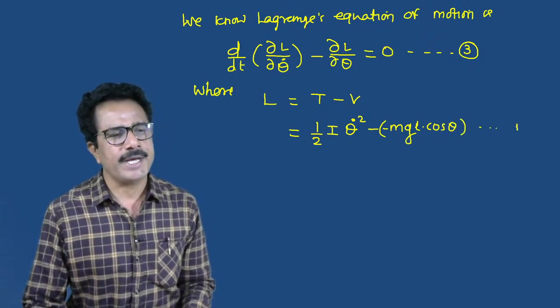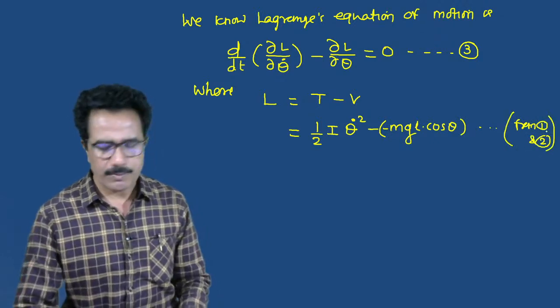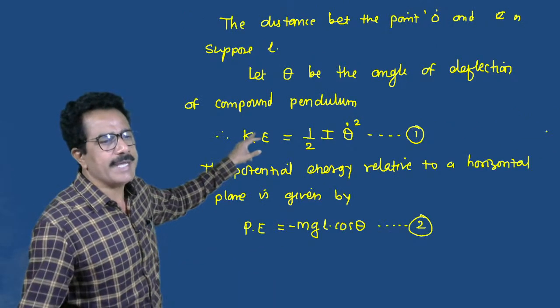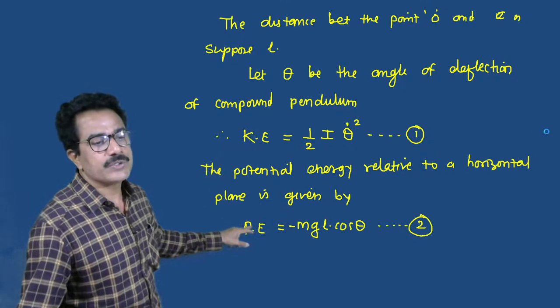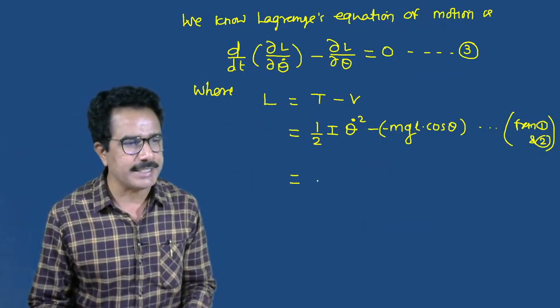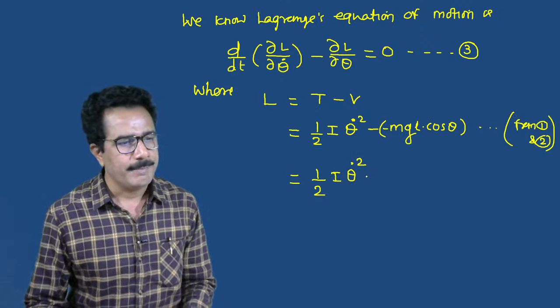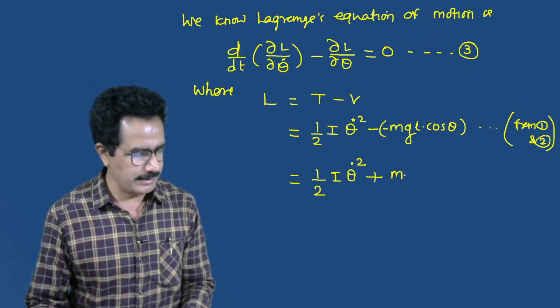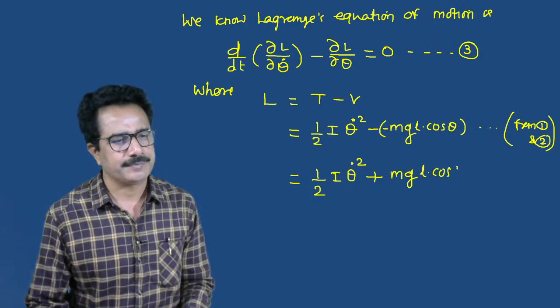This is from equation 1 and 2. That means kinetic energy is T and potential energy is V, so we write T minus V. That means we can write this as 1/2 I theta dot squared plus mgl cos theta.